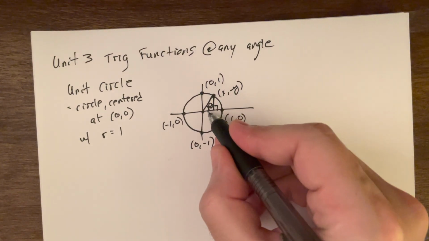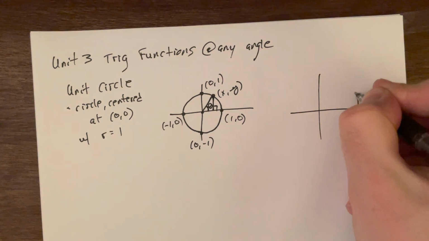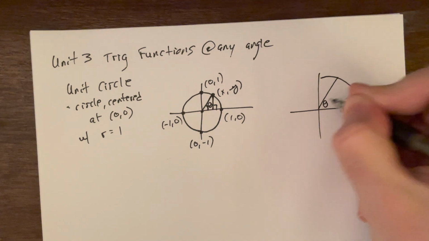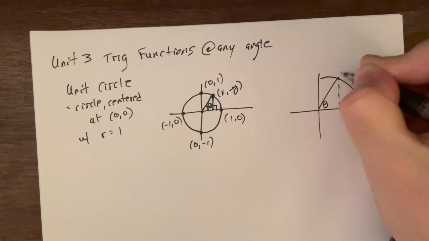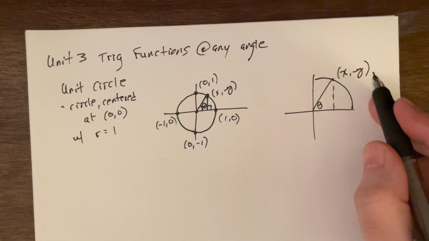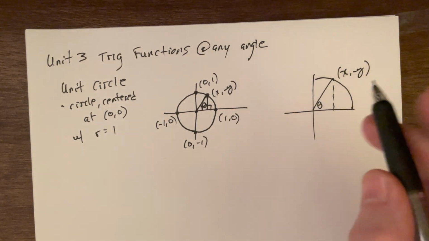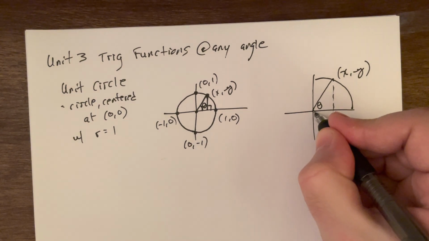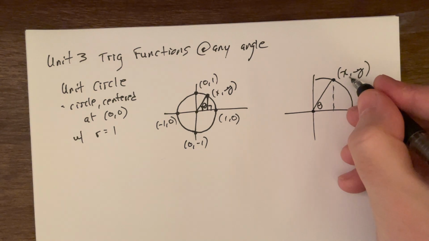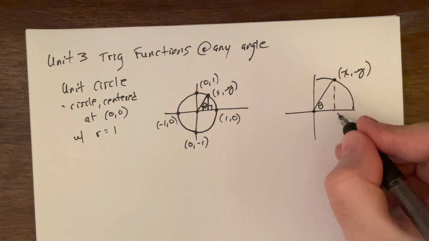Again, I'm getting a little tight inside here. Let me exaggerate this so we can see this side. So there's theta, and there's a random XY pair. But remember how XY pairs work. If I'm going from the origin to this random XY pair, X tells me how far left or right I go, and Y tells me how far up or down I go.